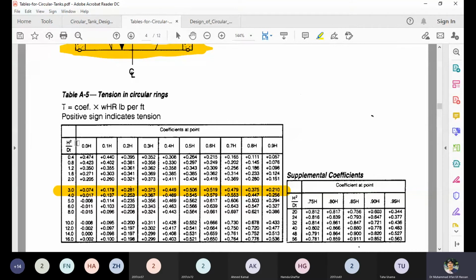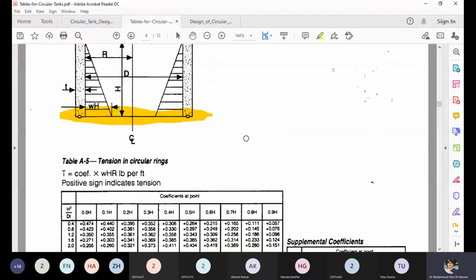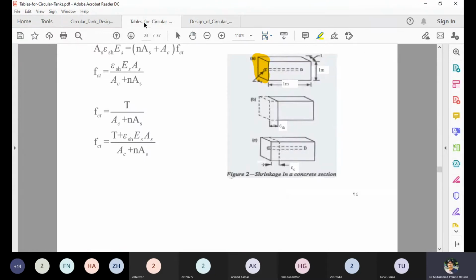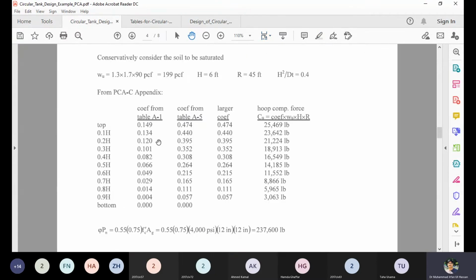These coefficients for the soil load are also taken, but the soil load is not similar to water, as it is developing compression. The water load is giving the hoop tension, while the soil is giving the hoop compression along the circumference. So you will pick all these coefficients for the soil load, and from both the tables the larger coefficient is obtained from the hinge case, Table A5. For conservative design, we also follow the A5 table.